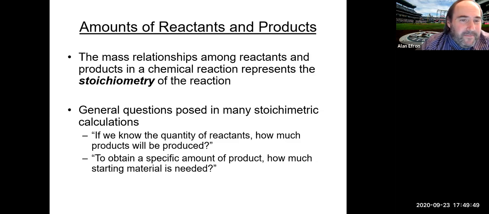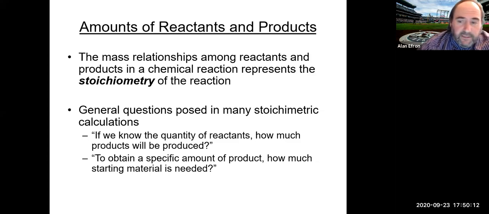But something to keep in mind when you do these type of problems: everything has to start with a balanced equation, because we use those coefficients as the mole to mole relationship. So we need to make sure that it definitely is balanced, but it allows us to basically figure out a lot of things just based on the equation.